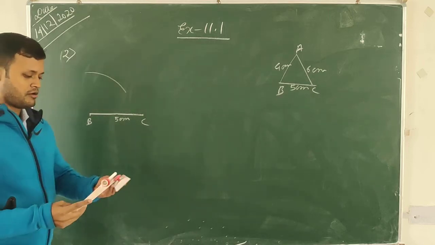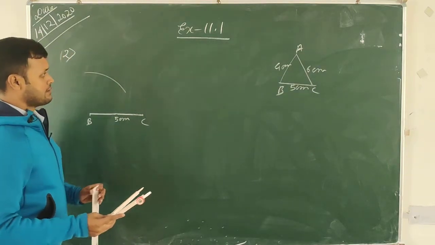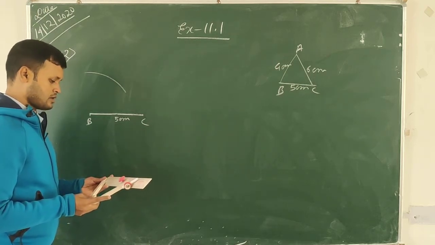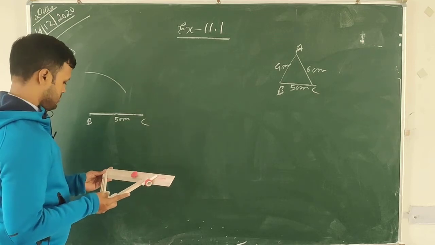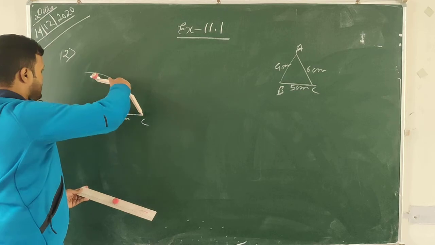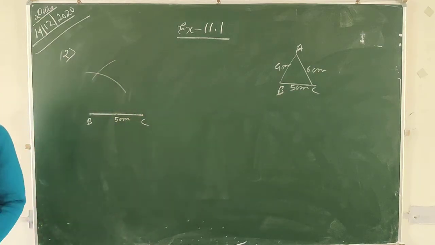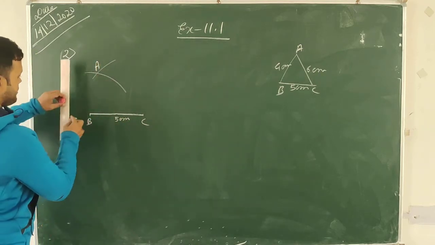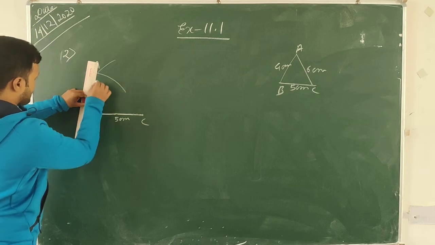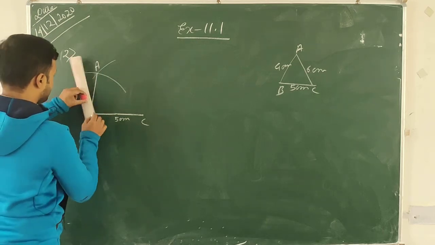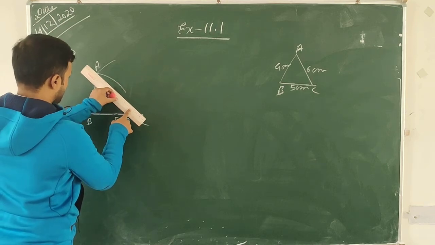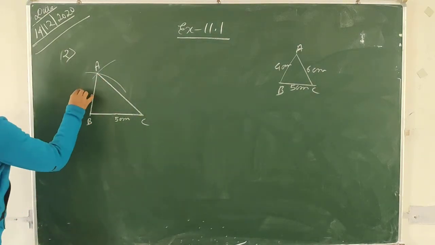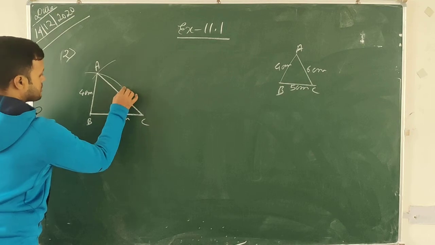After that, from the point C, I will take a radius of 6 cm and draw another arc like this. So this will be the point A, and you join. So this is the triangle ABC, students. This is 4 cm and this is 6 cm.